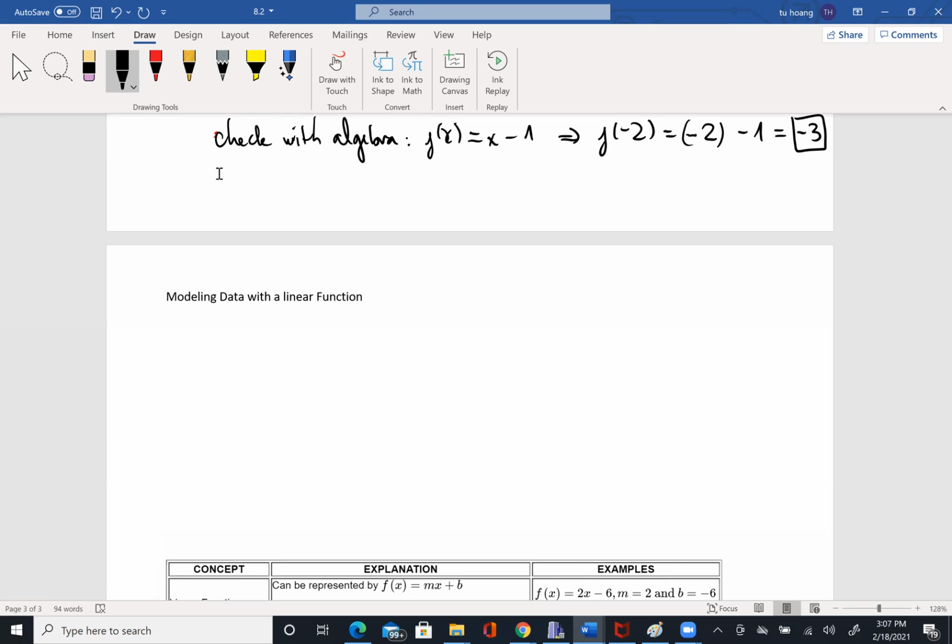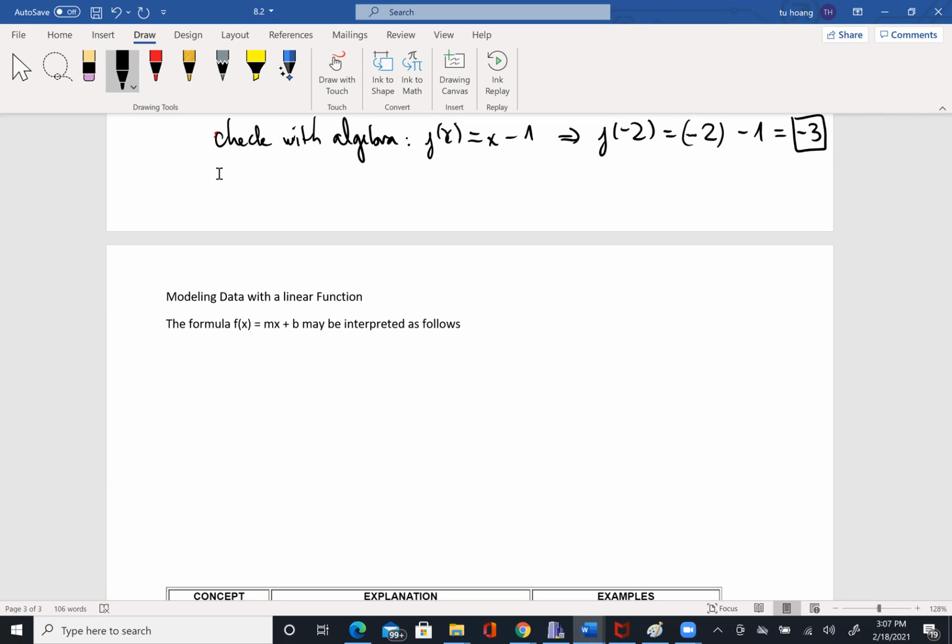The formula f of x equal to mx plus b may be interpreted as follows.